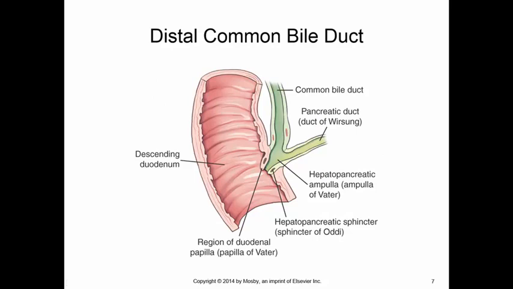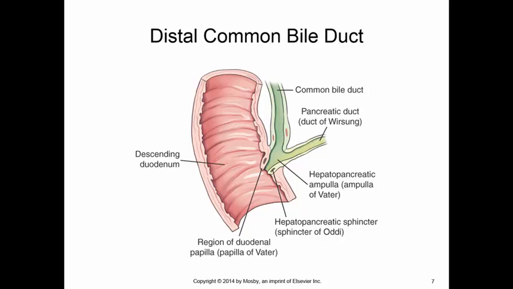Now, the remaining 40% of people will have a separate passageway for the common bile duct and a separate passageway for the pancreatic duct, and so there'll be two separate openings which pass into the duodenum.